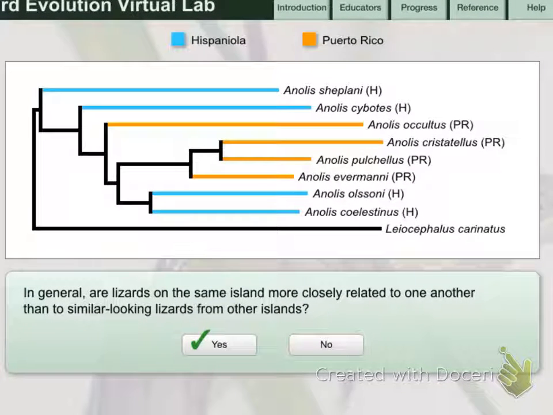Are the lizards on the same island more closely related to one another than lizards that look a lot like them on a different island? Yes. Who are the lizards on Puerto Rico mating with? Multiple choice. Other lizards on Puerto Rico, lizards on Hispaniola. Lizards on the same island.